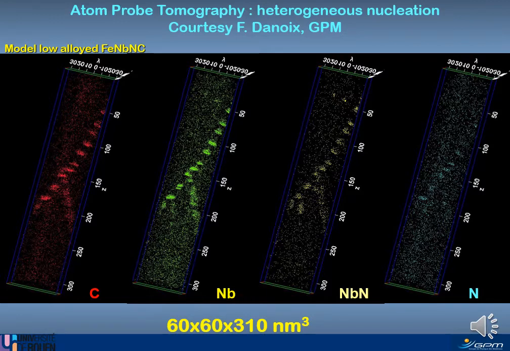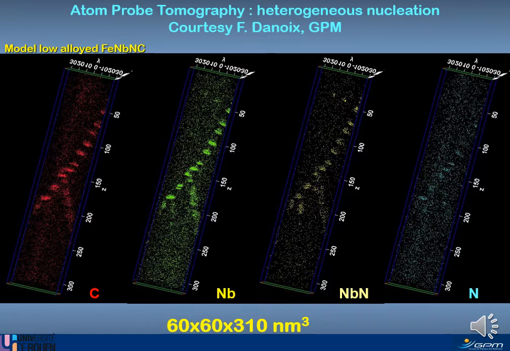Here you've got precipitates enriched in carbon. Here you can count them, 1, 2, 3, 4, and so forth. And these precipitates are enriched in niobium and also in nitrogen here.